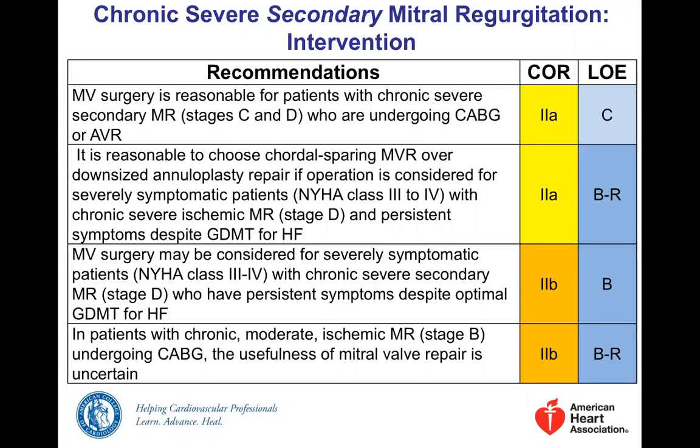And this actually was very evident in the trial, because when they did the mitral valve repair versus replacement, the recurrence in the repair group was about 30%. The 70% of people who actually had a good repair had better echocardiographic findings for the left ventricle than with mitral valve replacement.